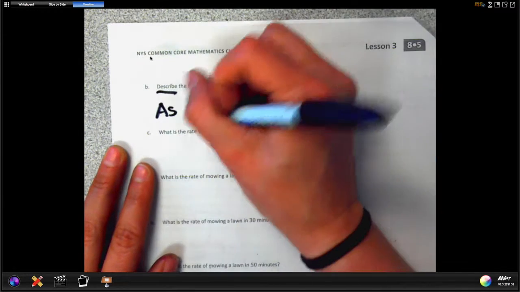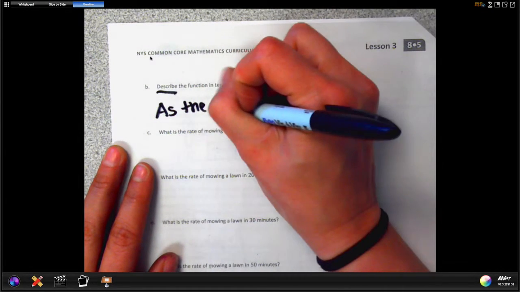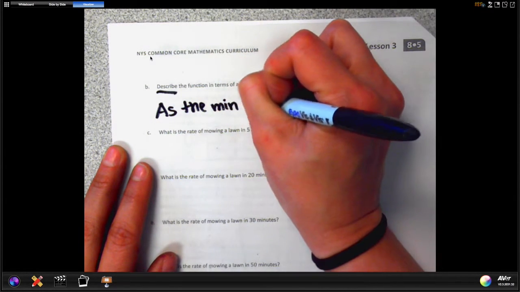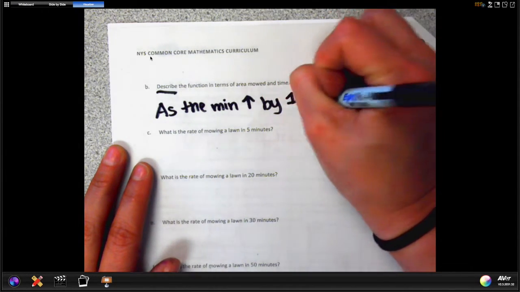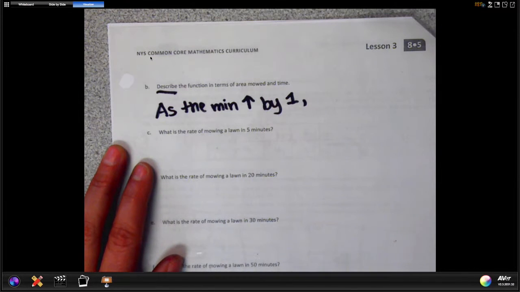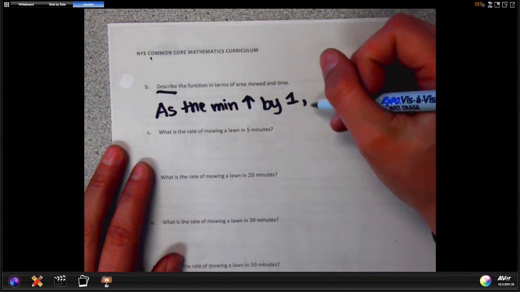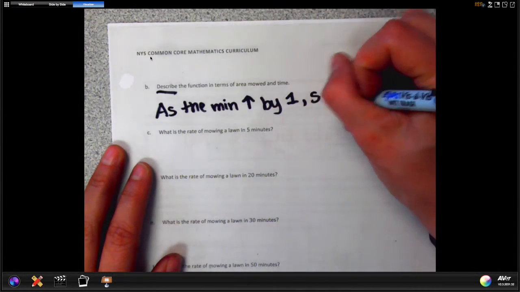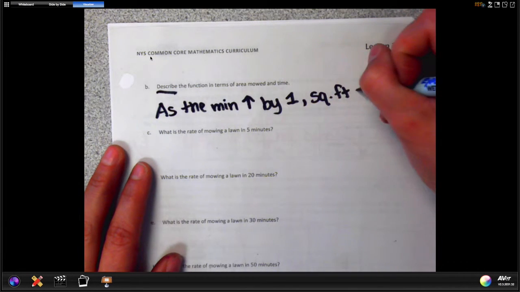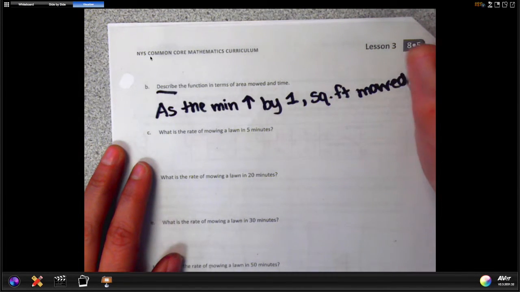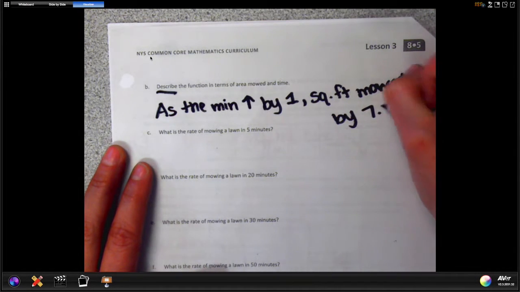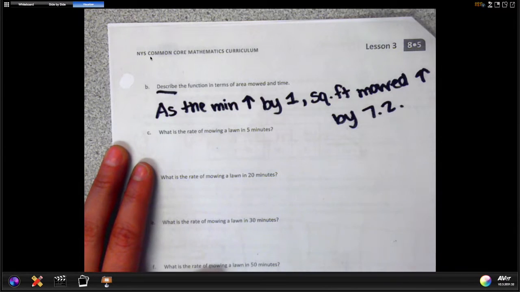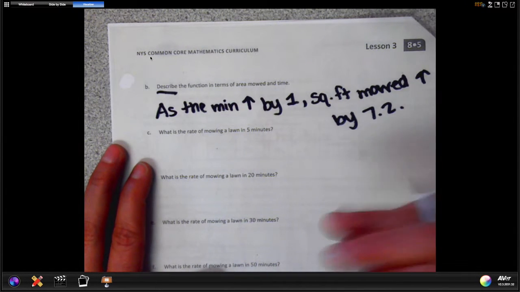As the minutes increase by 1, our unit rate tells us that the square feet mowed also increases by 7.2. If you describe it, it's just asking you to put your unit rate into a sentence.